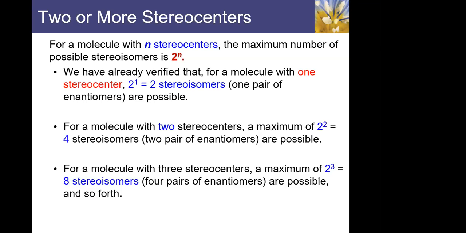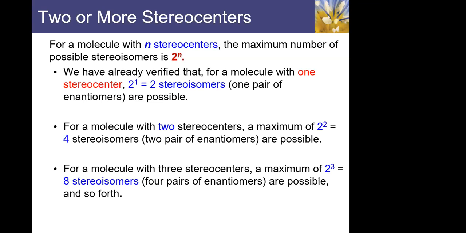If I have this model in my hand, how many chiral carbons is it having? 1. This is your chiral carbon, the carbon attached to four different groups, right?